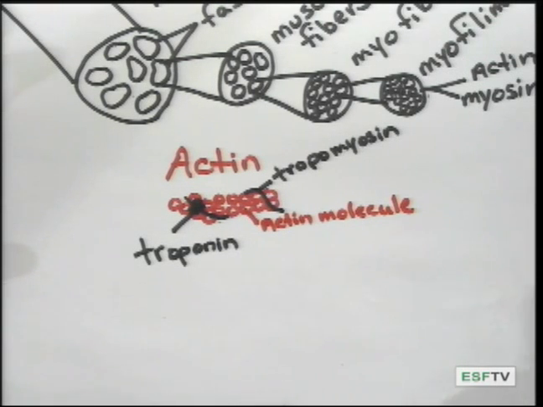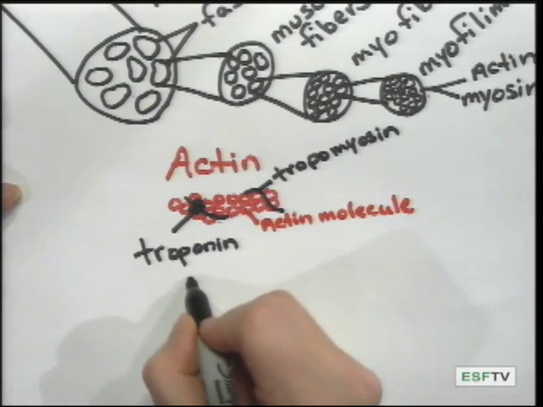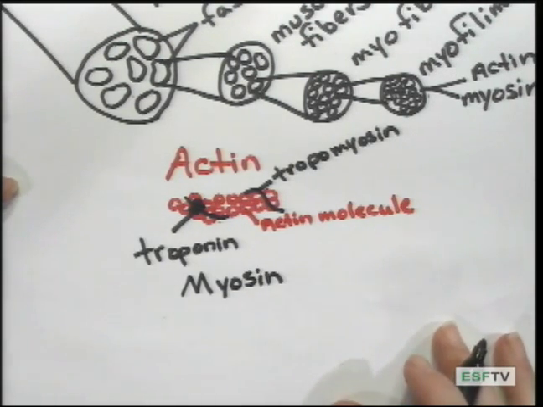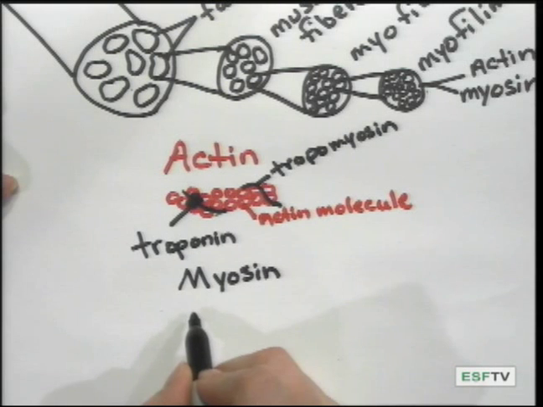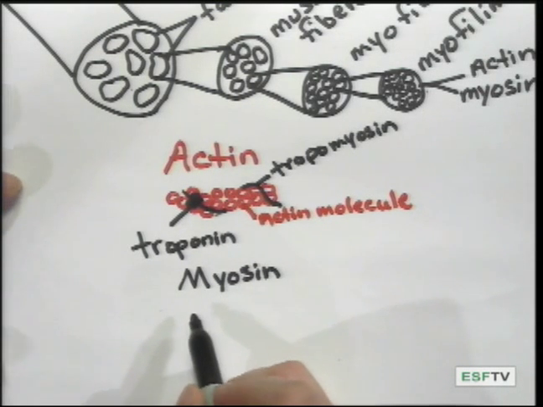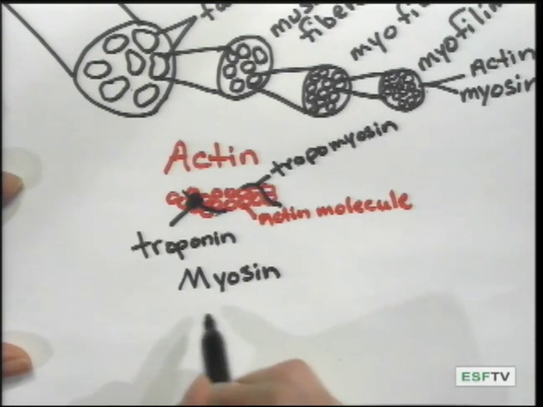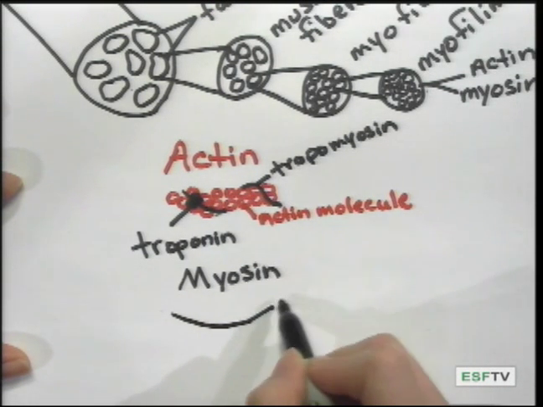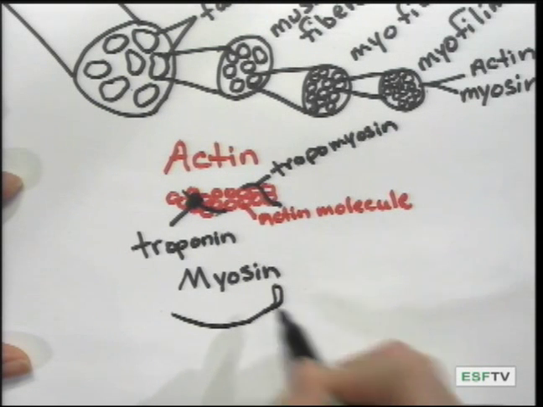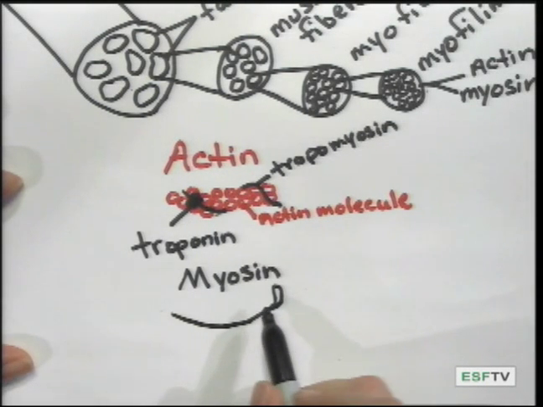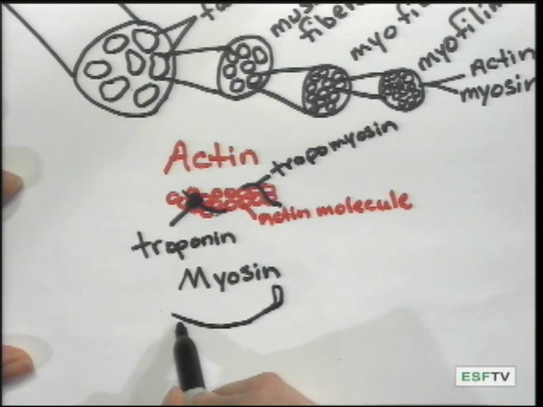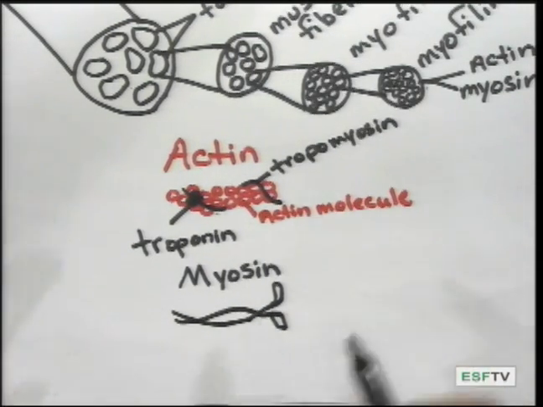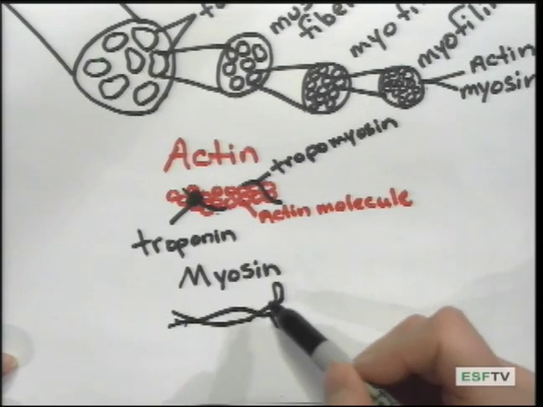The myosin filament is made up of two myosin molecules that are wrapped together, and off the top of each of them is this little golf club-like head. And so there's two of them wrapped together, and they look something like this. And so this is myosin.